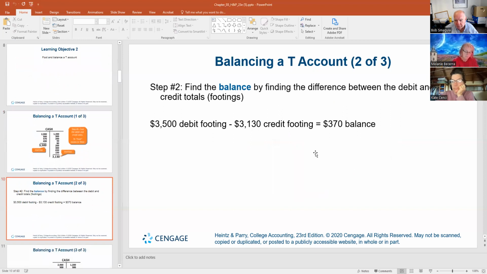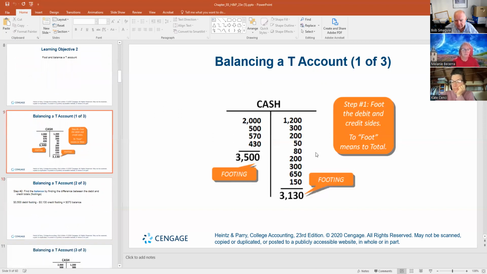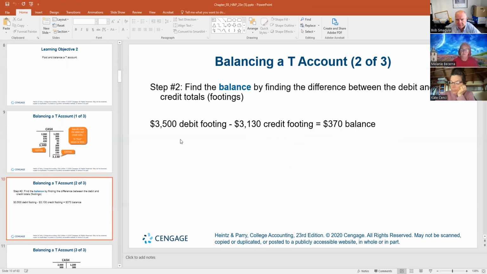Or 370, that would be the balance. Make sense? You add the two columns down and the high man wins. So in this case, cash has a debit balance. We're going to call it a debit balance of $370. And cash is an asset, and assets always have a debit balance, no exceptions. So we find the balance by getting the difference between the two.